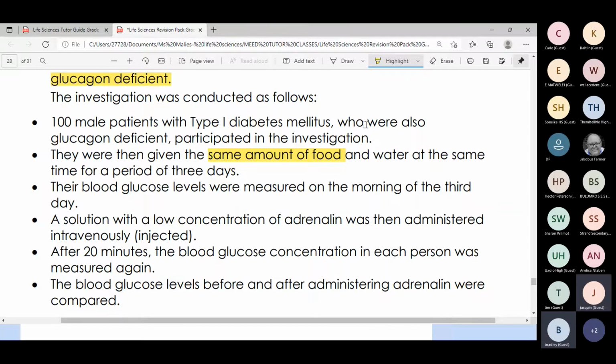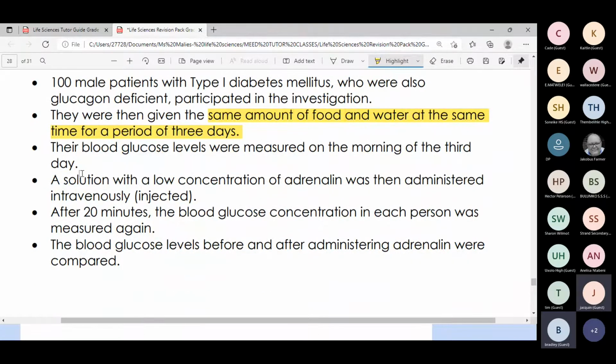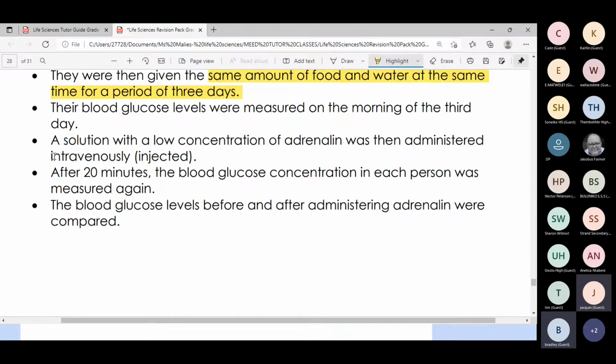So take note of that, highlight that, because we don't know if they are going to ask us anything about fixed variables or controls. Their blood glucose levels were measured on the morning of the third day. A solution of low concentration adrenaline was then administered intravenously, so it was injected. After 20 minutes, the blood glucose concentration in each person was measured again. The blood glucose levels before and after administration of adrenaline were compared.